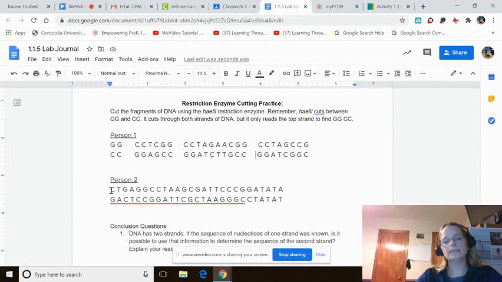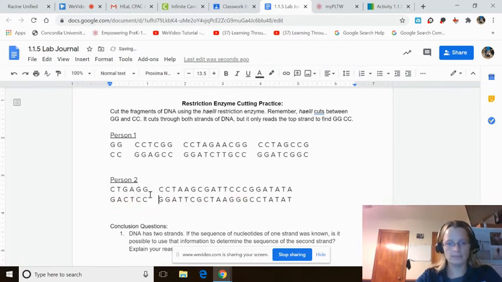Person number 2, let's take a look. Here's a GGCC. It cuts there. And let's keep reading, just the top strand. Here's CCGG, but that's not the same.